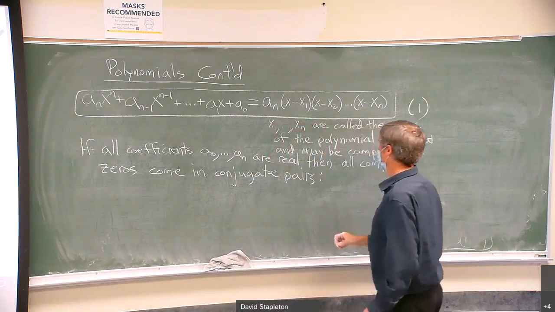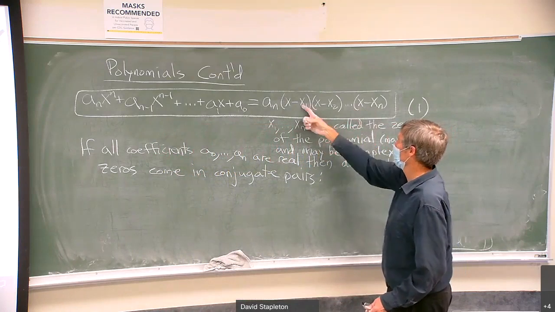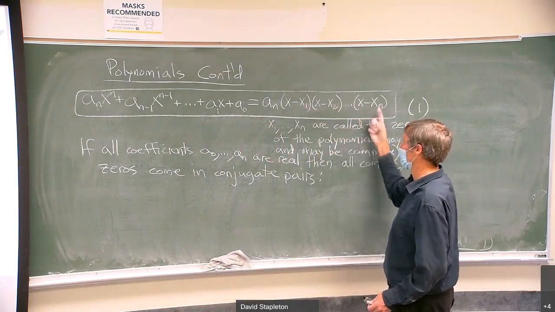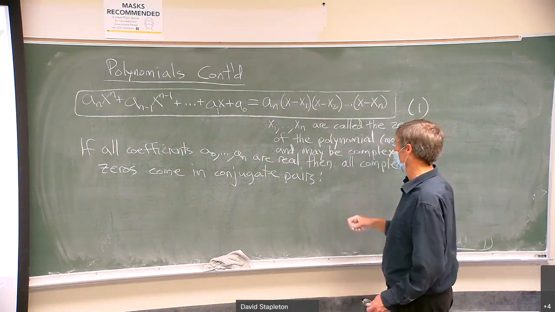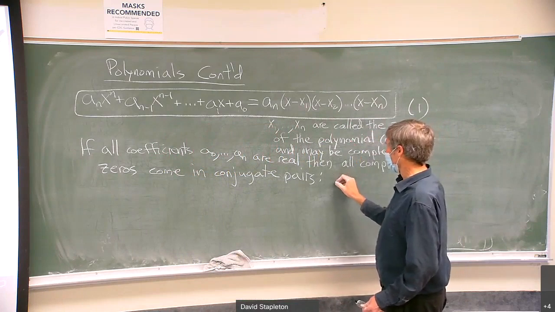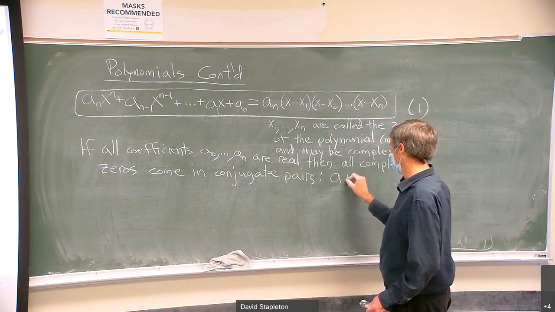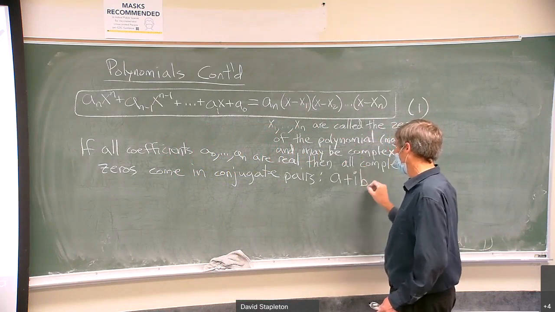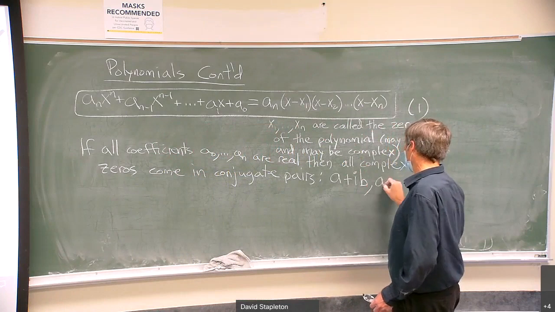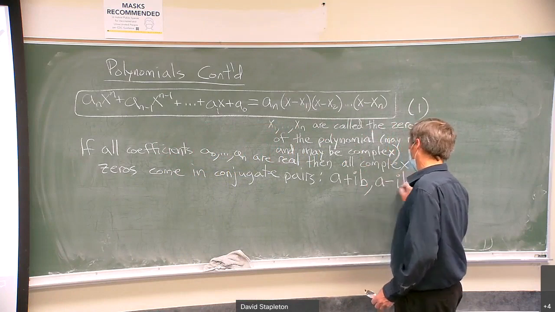In other words, if one of these zeros, x1 through xn are the zeros, they're just numbers. X is the variable. If one of these is complex, a plus ib, then its conjugate, a minus ib, is also a zero.